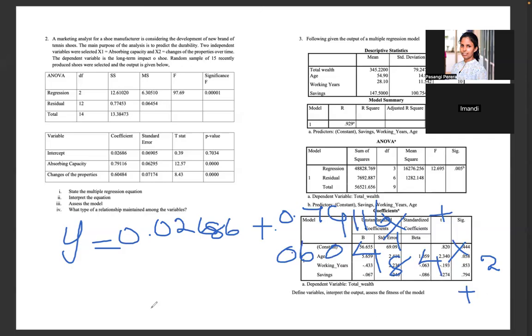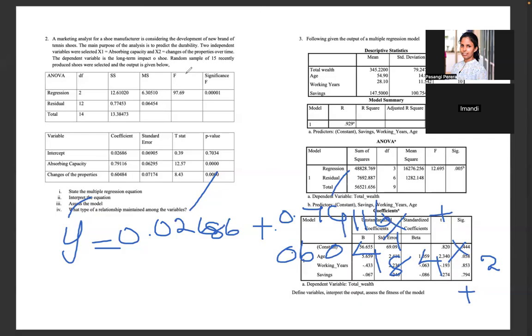To interpret the equation, you should interpret all the values. Y is the dependent variable, and this says the intercept. Here the coefficient of x1 is the slope, and you have to define it in lengthier terms: how much y is explained by x1. So according to this question, what is the y? A marketing analyst for a shoe manufacturer is considering the development of a new brand of tennis shoes.